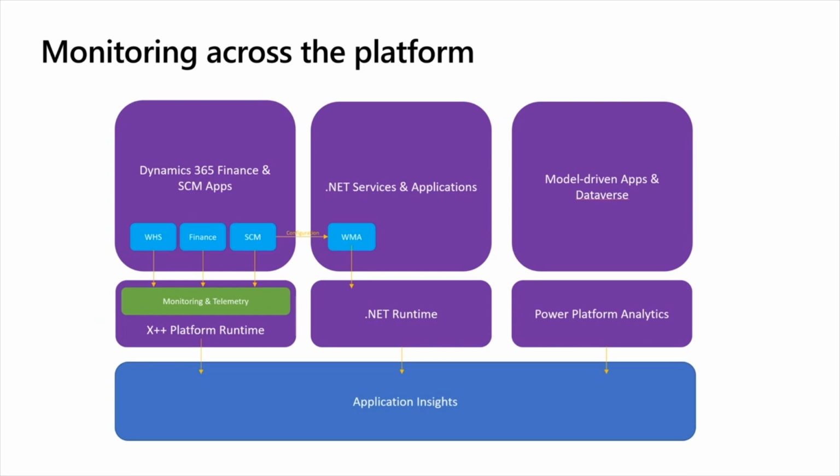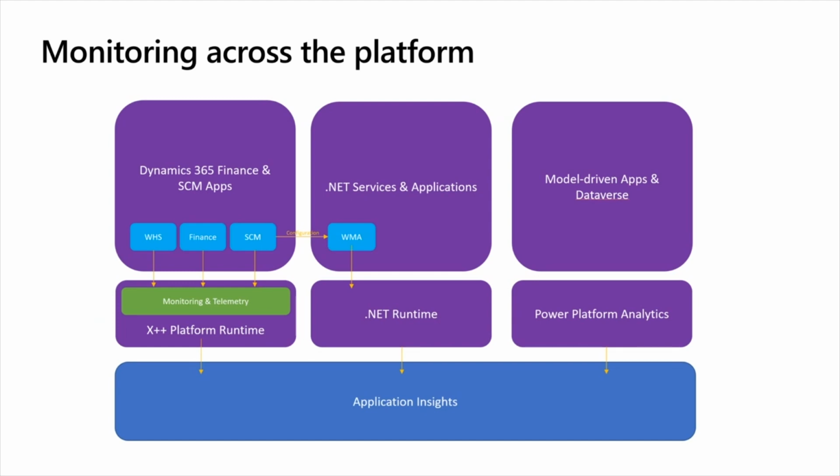And so as we look at F&O, there's the application capabilities: finance, supply chain, commerce, ProJobs, HR. Those are all sitting on top of the X++ platform, right? And so we built monitoring and telemetry in the platform layer so that application and platform telemetry can flow in a certain way directly to App Insights.